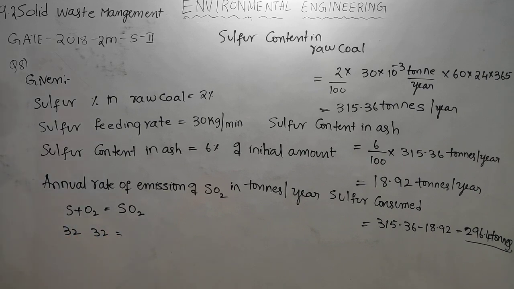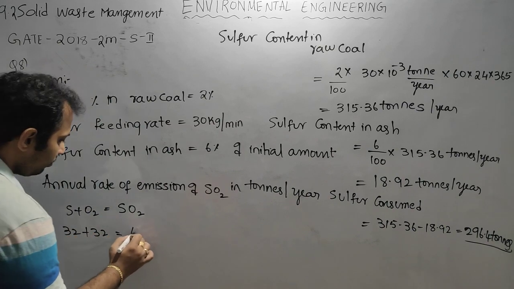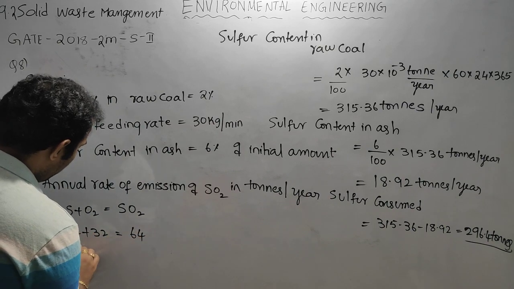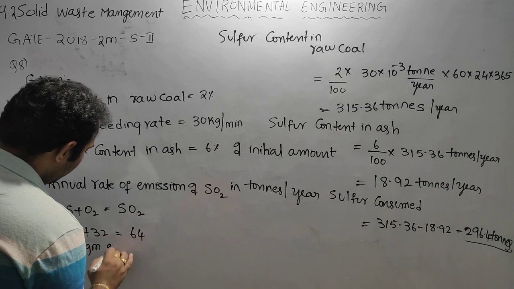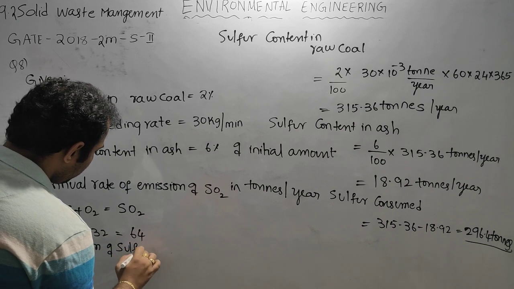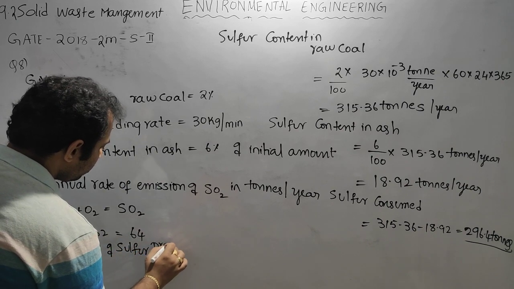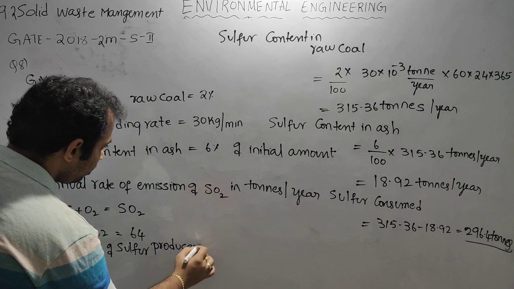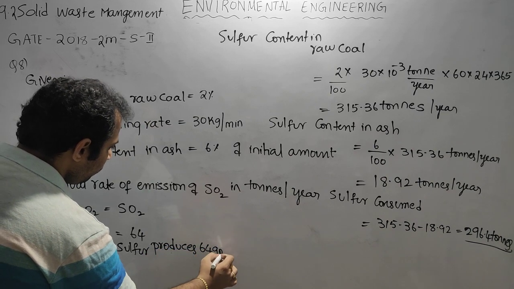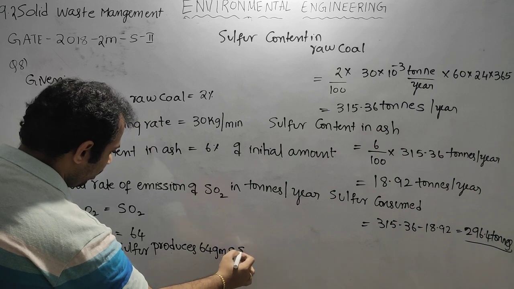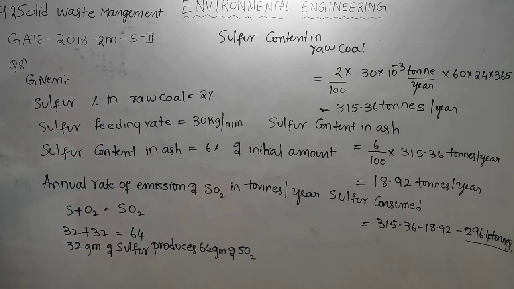So 32 gram of sulfur produces 64 gram of sulfur dioxide.